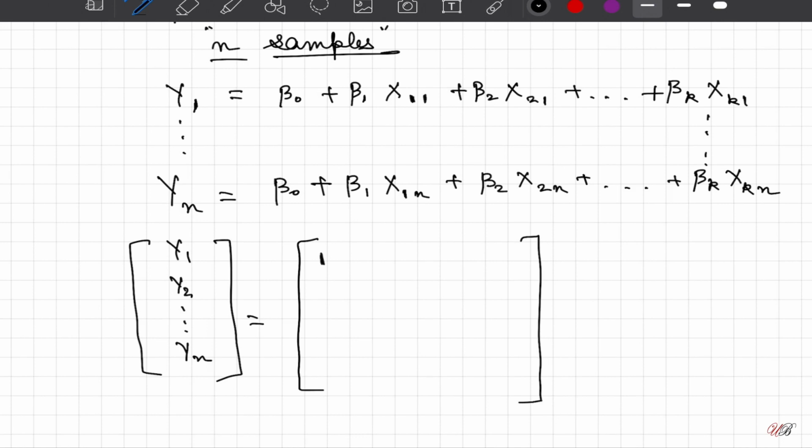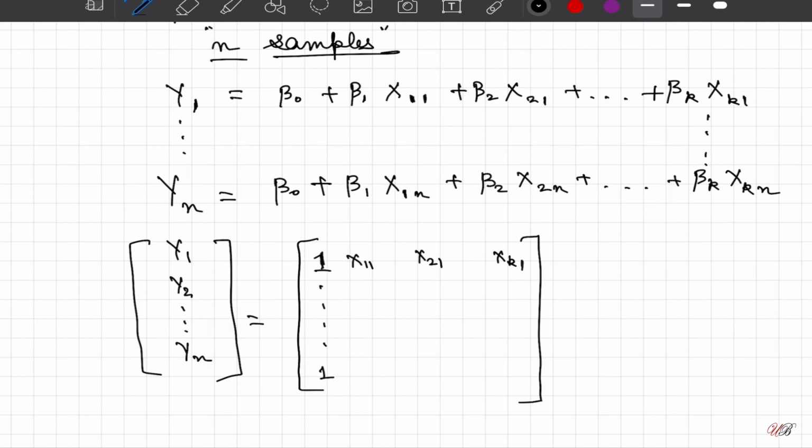So what we can do, we can write this as 1, x11, x21, up to xk1, and here this would be all ones, and we generally call this representing bias in the model, and this is different from the bias-variance trade-off. Don't confuse it with that, this is simply the intercept.